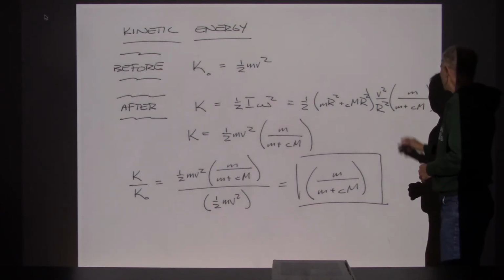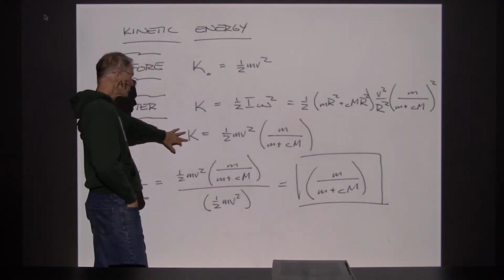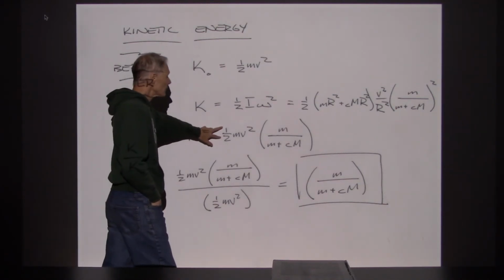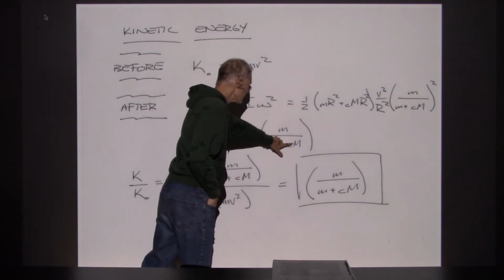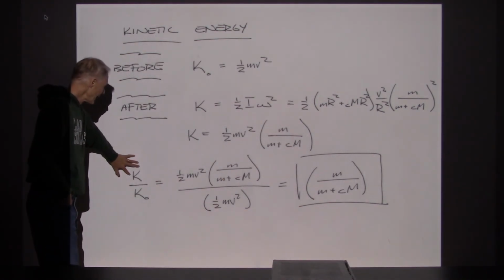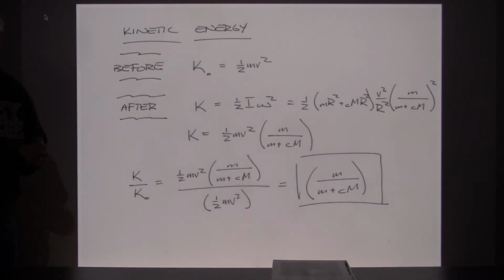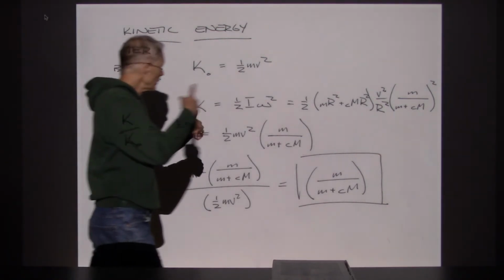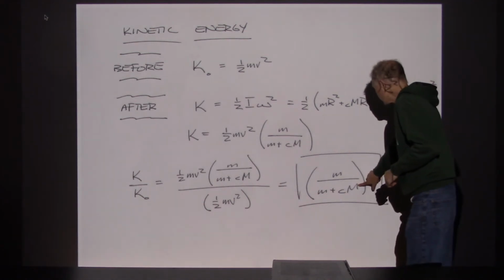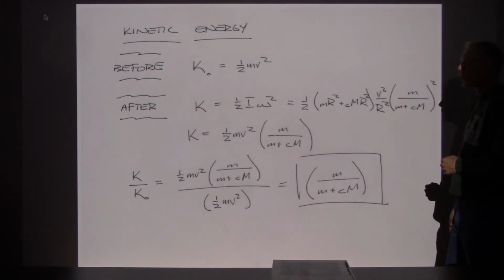When I cancel out all the things that can cancel out, I am left with the kinetic energy after the collision actually can be written in terms of the kinetic energy before the collision times m over m plus capital M. So if I take the kinetic energy after and divide it by the kinetic energy before, the fraction of kinetic energy remaining is given by m over m plus capital M. So if the cylinder has essentially really small mass, and the little m is bigger, then I'm going to keep almost all the kinetic energy.